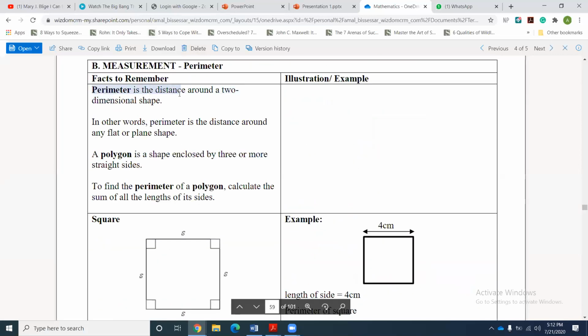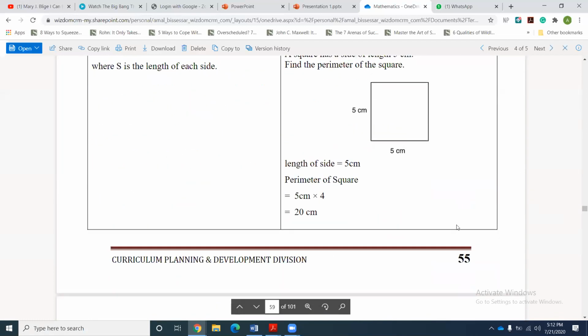Perimeter is the distance around a two-dimensional shape. In other words, perimeter is the distance around any flat shape. Therefore, if I come down here and I end up making the mistake of 5 5s, 25, it's wrong because it meant that we did not understand what perimeter really means.